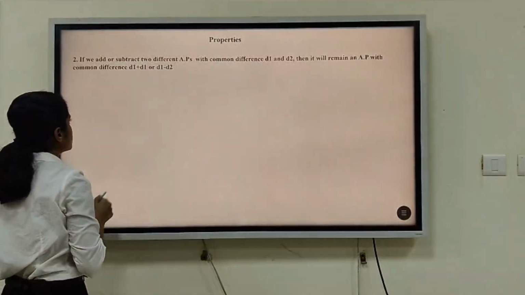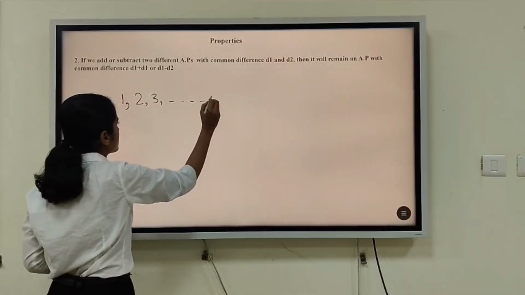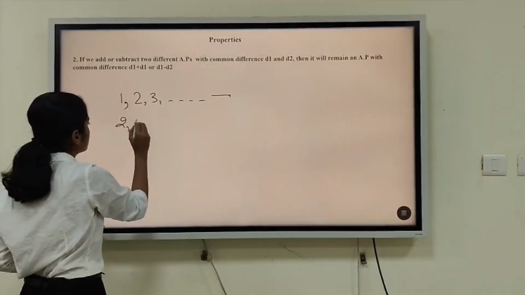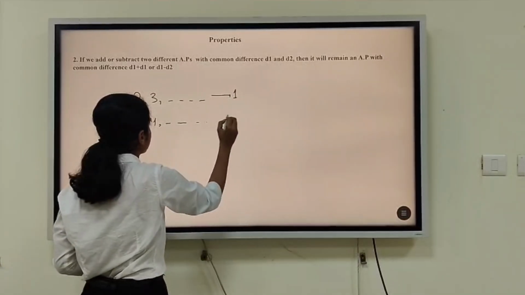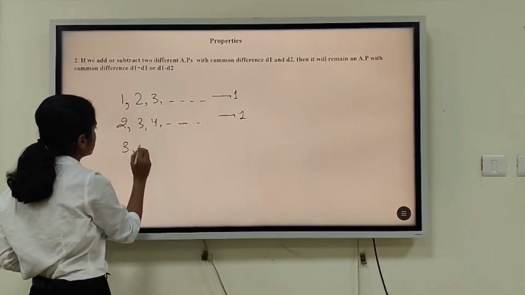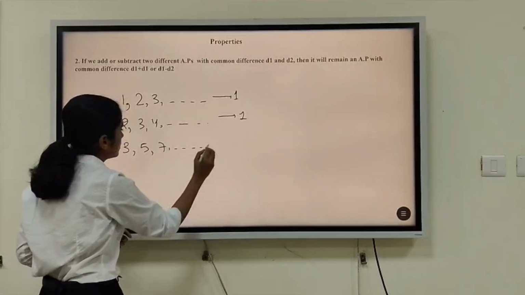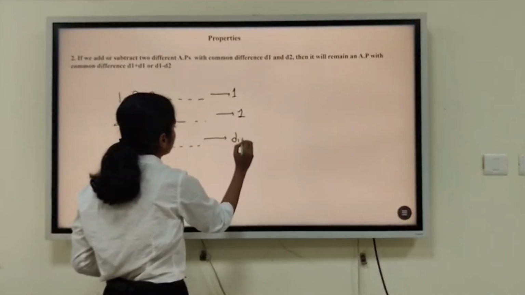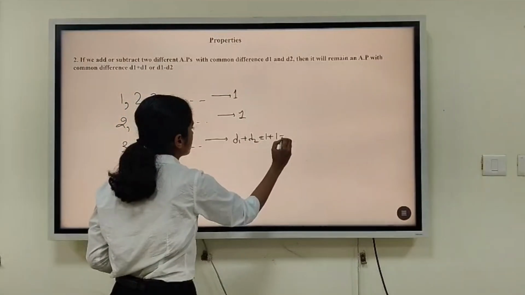Let's suppose I am taking an example: 1, 2, 3 is the first sequence, and 2, 3, 4 is the second sequence, with common differences 1 and 1. After adding, it will look like 3, 5, 7, and its common difference will be D1 plus D2, which is equal to 1 plus 1.